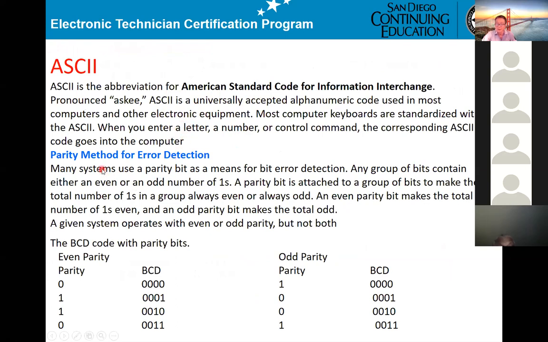Okay. Now we're talking about the parity method for error detection. They must get the parity when they send the data from the keyboard into the central computer.